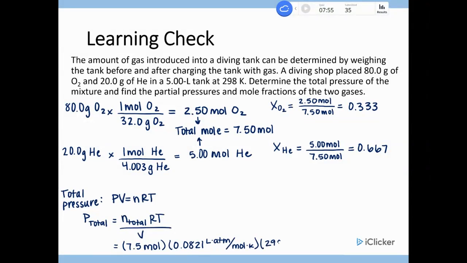And then temperature is 298 Kelvin. Volume is 5.00 liters. This will give us a total pressure of 36.7 atmospheres, ATM.